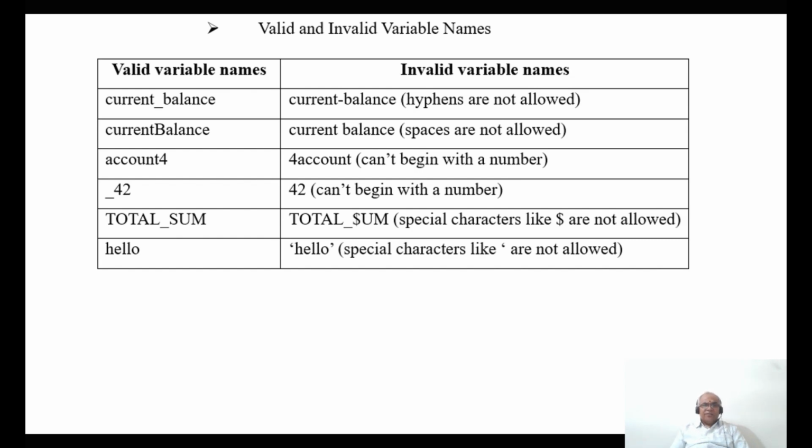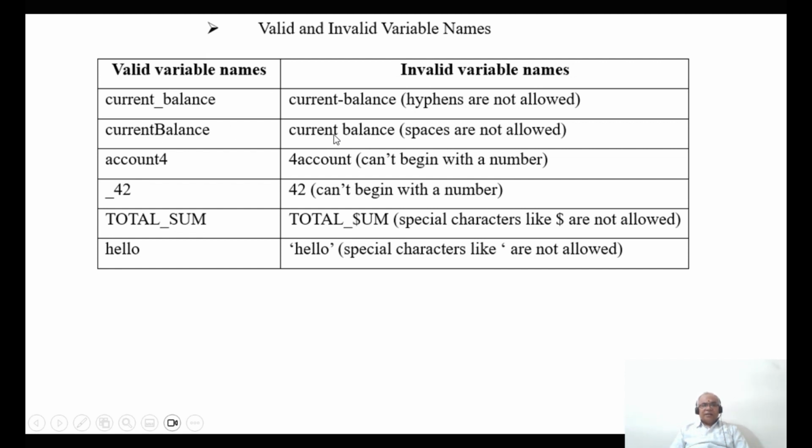Some valid and invalid variable names. Current underscore balance is a valid variable name. Current hyphen balance is invalid because hyphens are not allowed. Currentbalance, with no gap between current and balance, is acceptable.